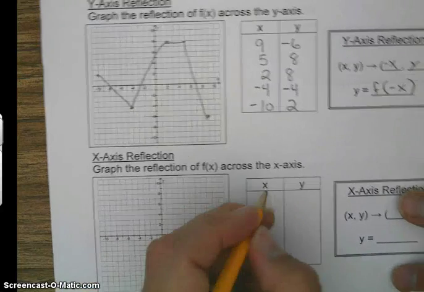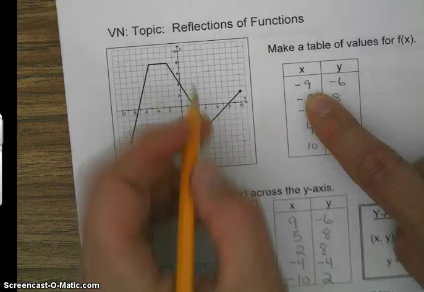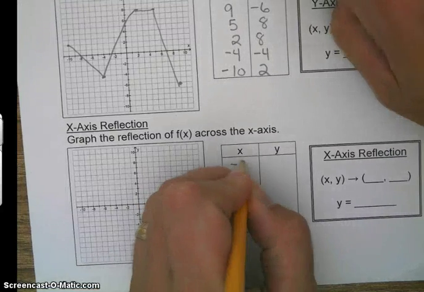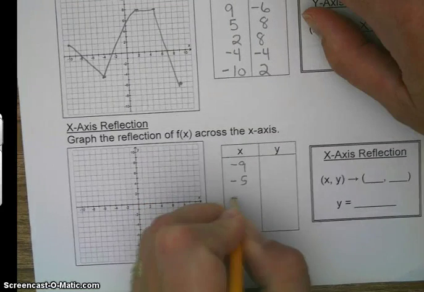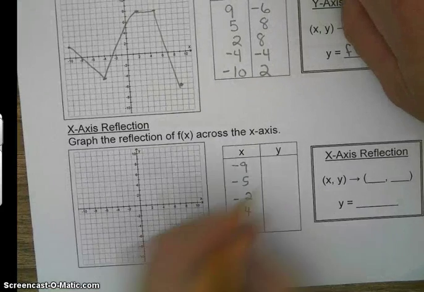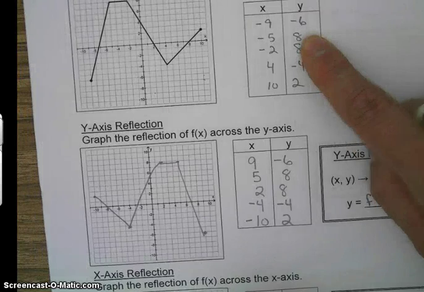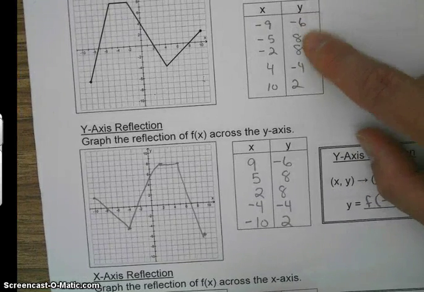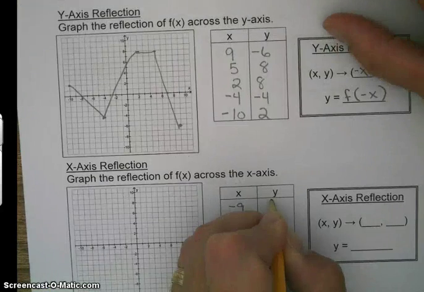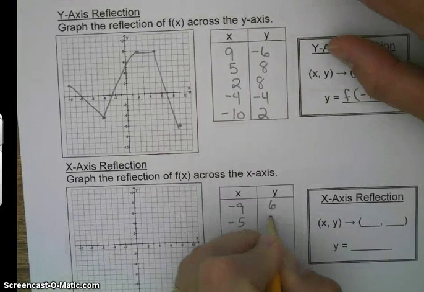So the x is going to stay the same. We're going from the original function. So the x stays the same, and your y coordinates are the ones that are going to change. So all of these are going to be multiplied by -1.